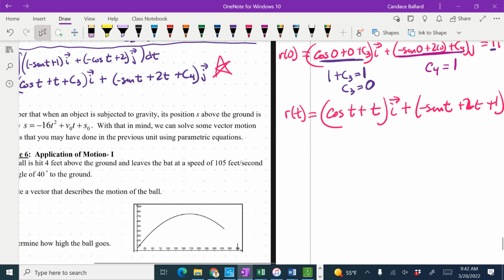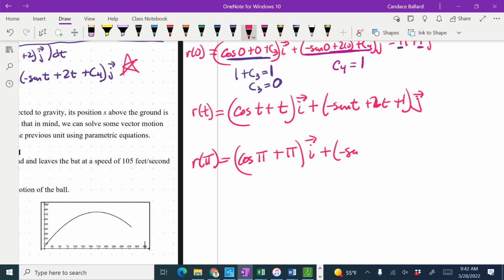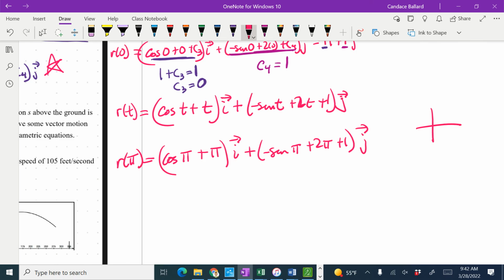Okay. All right. So r of pi equals cosine of pi plus pi times vector i plus negative sine of pi plus 2 times pi plus 1 times vector j. I've written the unit circle 3 times now in this problem.